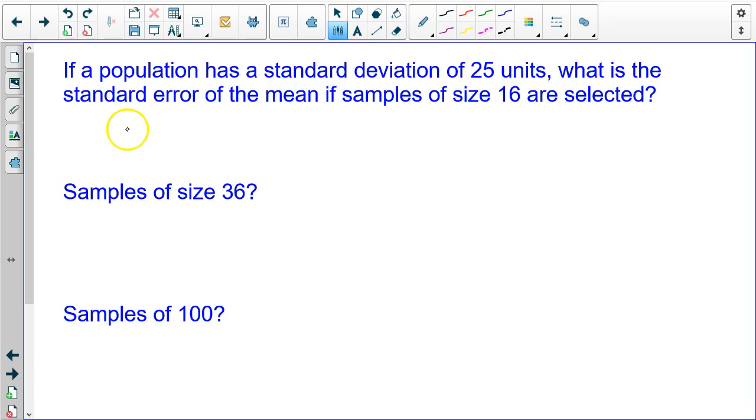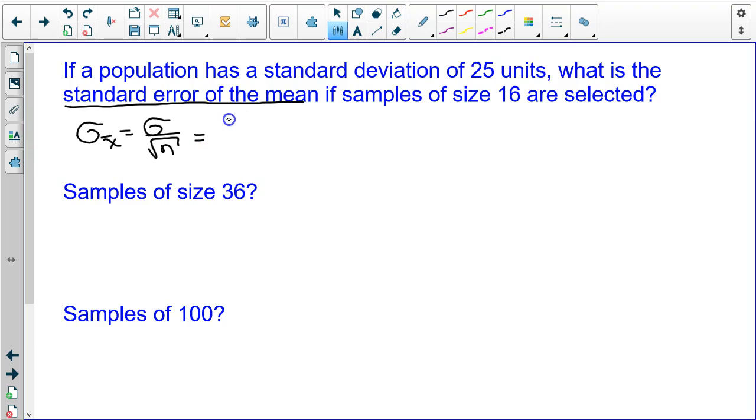All right, so a couple more things and we're done today, okay? If a population has a standard deviation of 25 units, what is the standard error of the mean if the samples are of size 16? So what's that formula? Sigma, which is the standard deviation of the population, divided by the square root of n, which is your sample size, right?